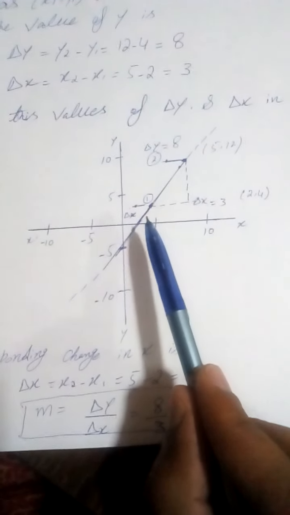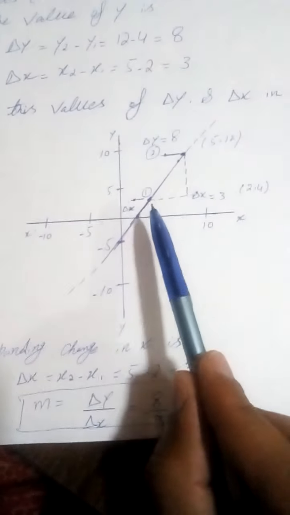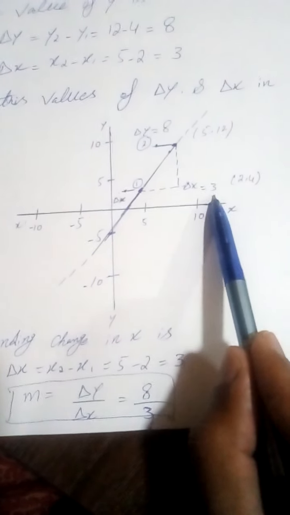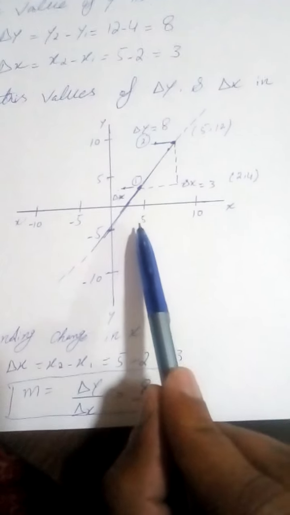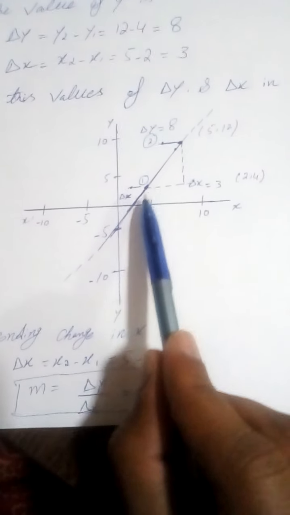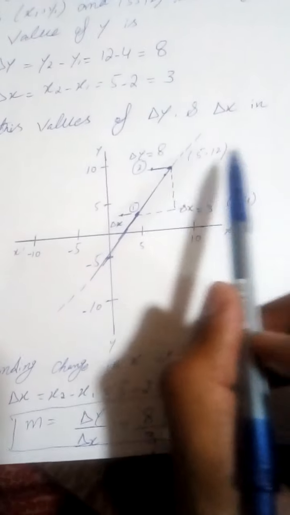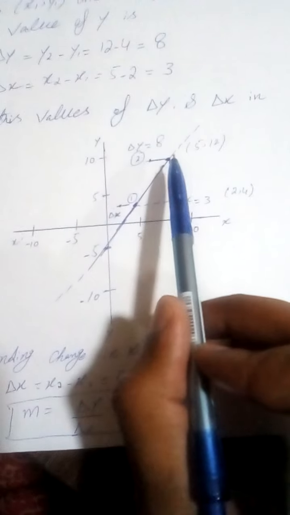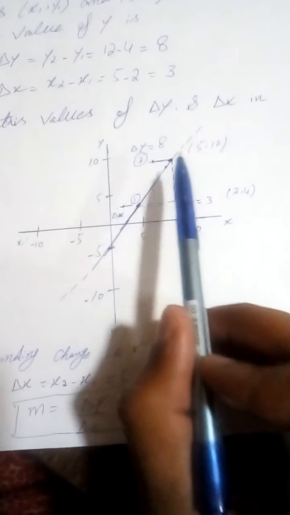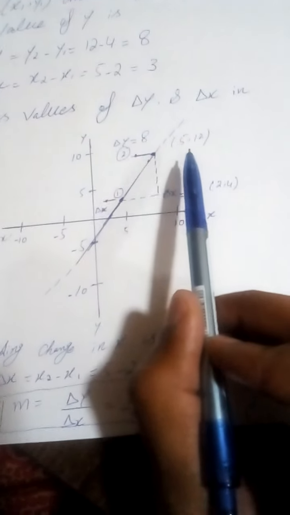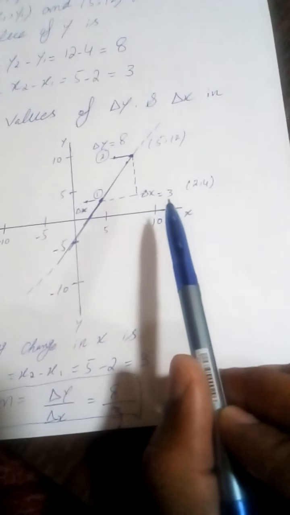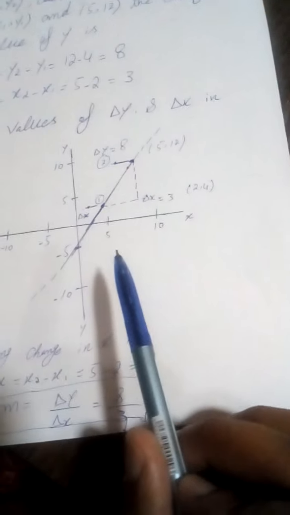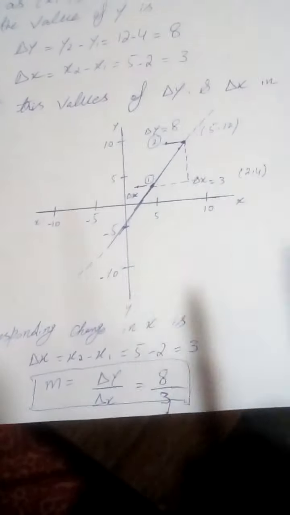According to the graph, we put delta x as 3 here, and delta y as 8 here. Delta y is found from the points (5, 12) and (2, 4), and delta x likewise. So this is the actual situation of the graph.